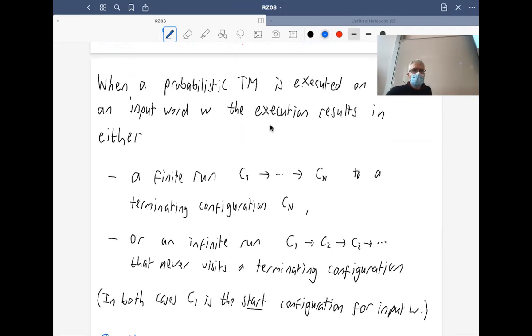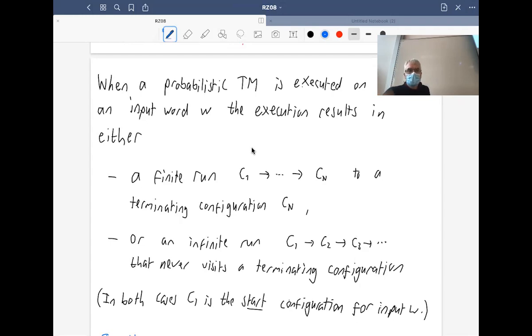So then when we execute a probabilistic Turing machine on an input word, say we're trying to see if we accept or reject the word for some language, we'll start in the start configuration. It'll go to successor configurations where each time there's a choice, it makes a probabilistic choice with 1 over k probability for the appropriate k, which may change from configuration to configuration.